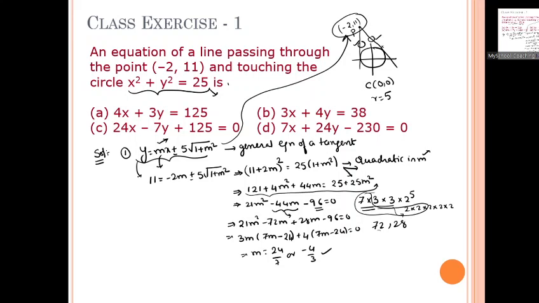So the slopes of the tangent should be either 24 by 7 or minus 4 by 3. Okay. So what is the equation of the first tangent? If the slope is 24 by 7, the equation should look like 24x minus 7y, right? And how do you get the right side numbers? Using the point.